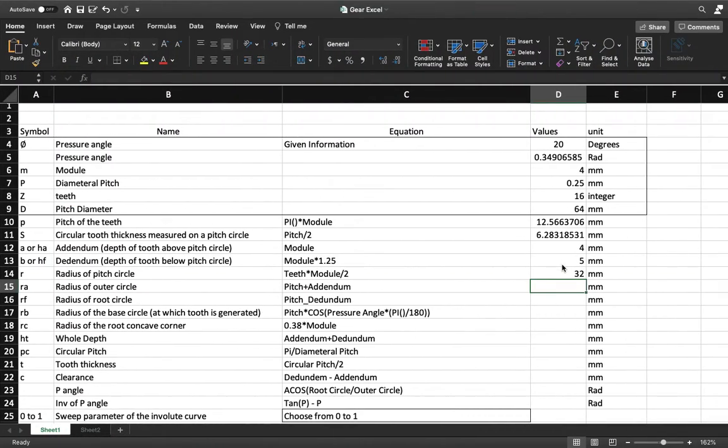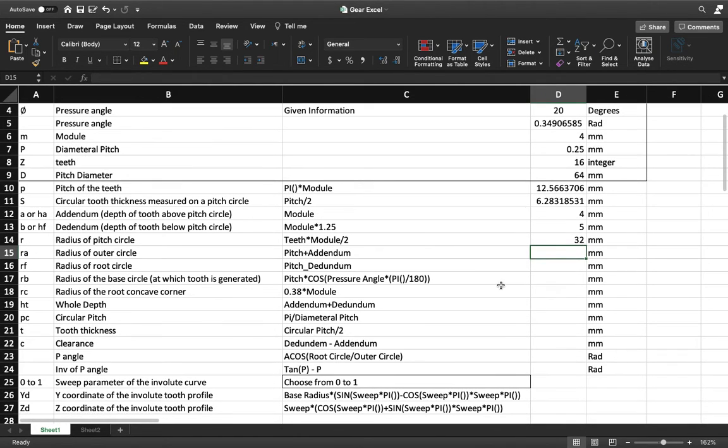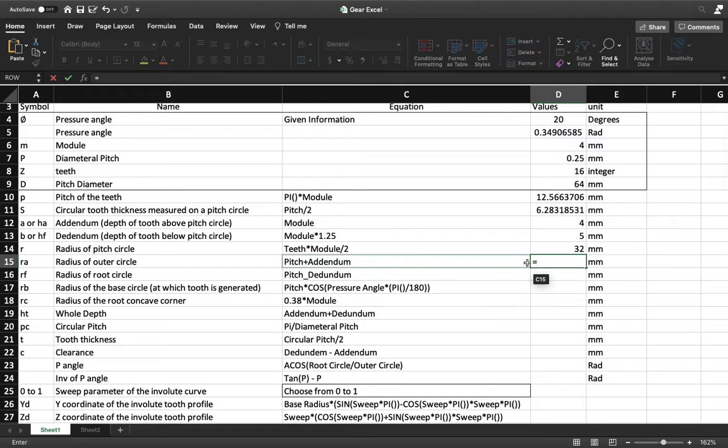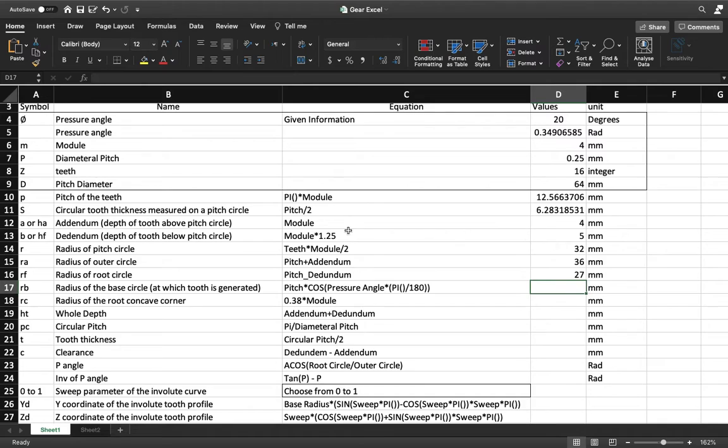In this video I am treating you as already knowledgeable in gears, so I'm just going to explain the process. Radius of the outer circle is just equal to the pitch radius plus the addendum. The root radius is equal to the pitch radius minus the dedendum. It's a funny word actually, addendum, dedendum.